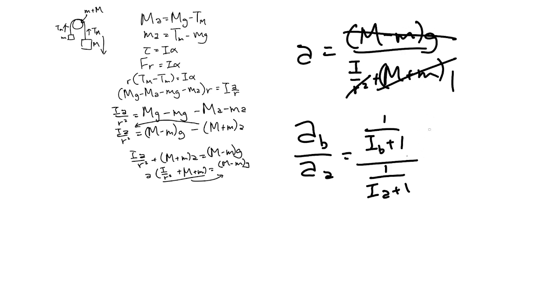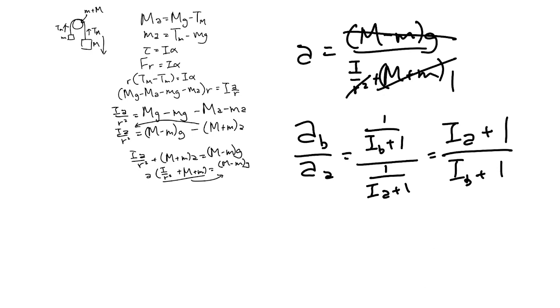You can just see that these elements are just going to repeat, and if I just plug them in, they can cancel off. And so if we were to rearrange this, this is going to give us IA plus 1, I believe, divided by IB plus 1.